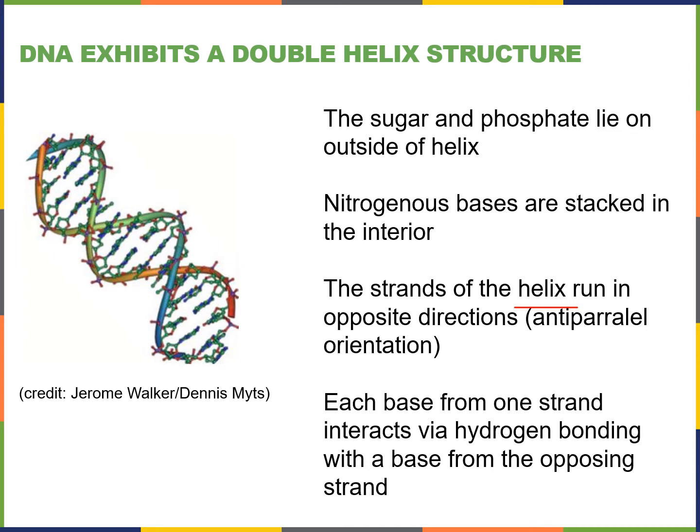What you're doing is taking the ladder and wrapping it around a pole. The rungs of the ladder are where the nitrogenous rings are. They form the rungs. The uprights, well, that's the sugar and phosphate strung together.